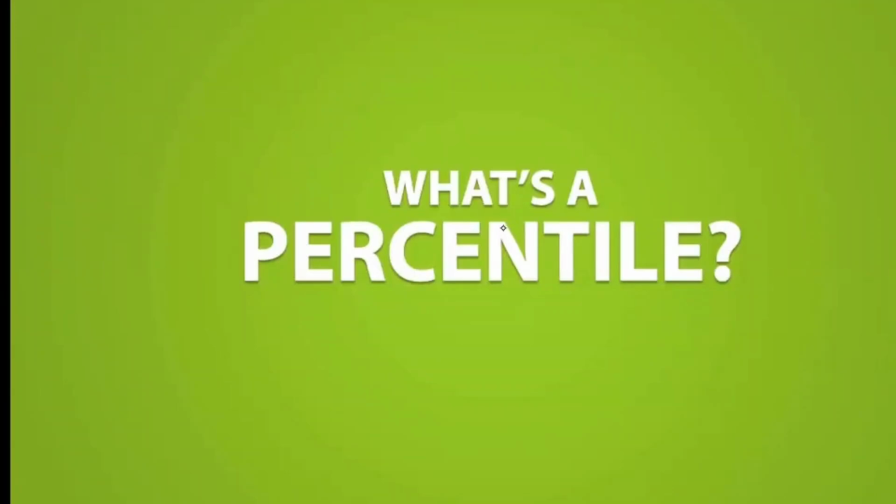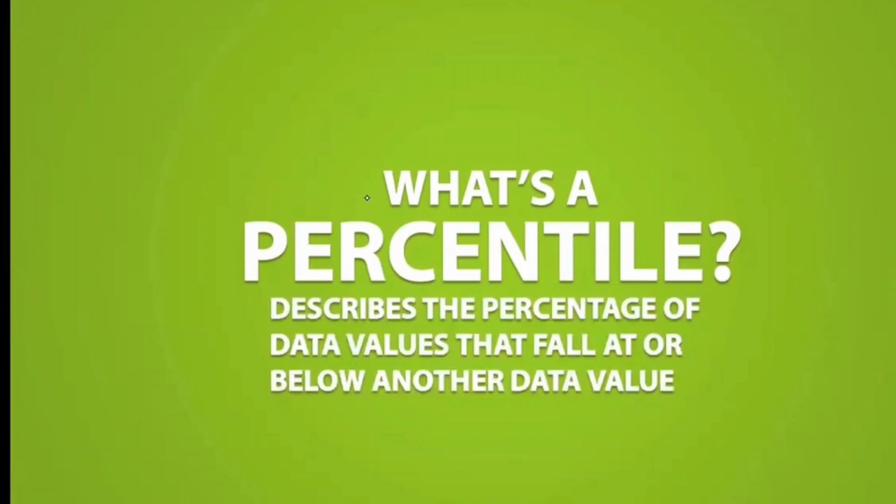Here, one of the most important concepts comes into the picture, which is called percentile. Most important means you can keep a star mark. Percentile tells how much percentage of data values fall below you. For example, you say that I am in the top 2 percentile. For example, CAT rank.